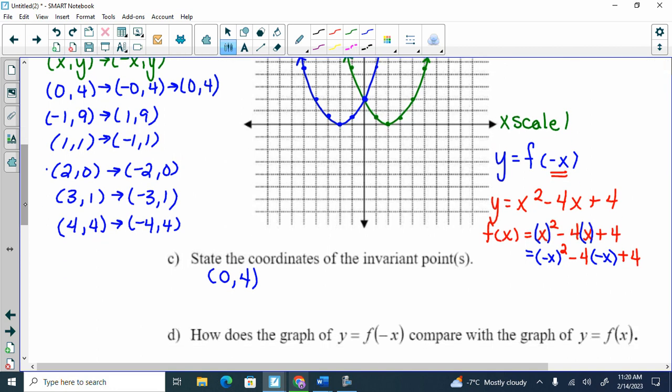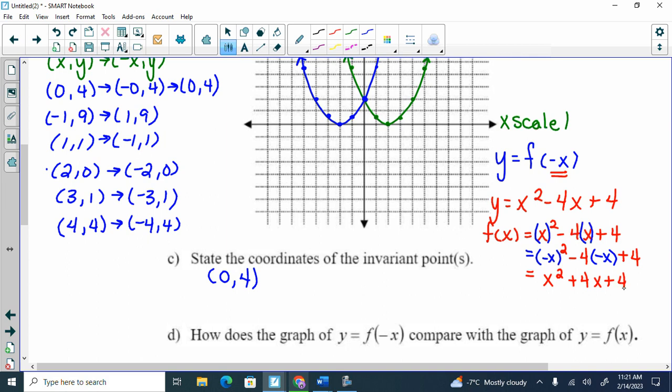So I'm literally just replacing, it's function notation. It's telling you what to replace the x's with, right? Now what happens if I get negative x and I square it? Anything negative squared results in a positive. So we get x squared minus 4 times negative x is plus 4x plus 4.